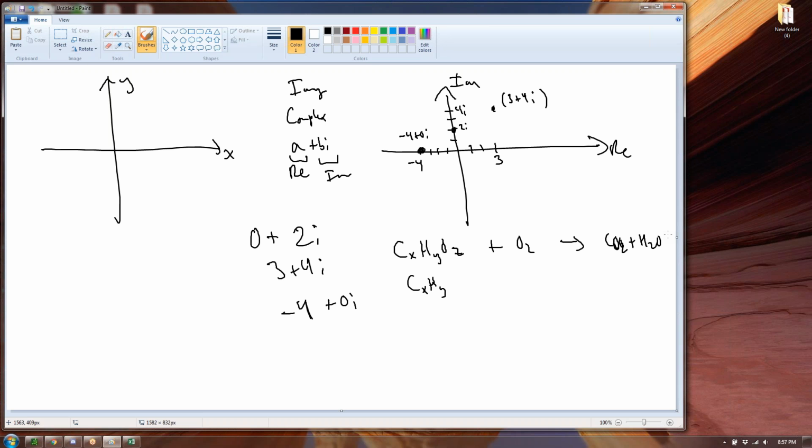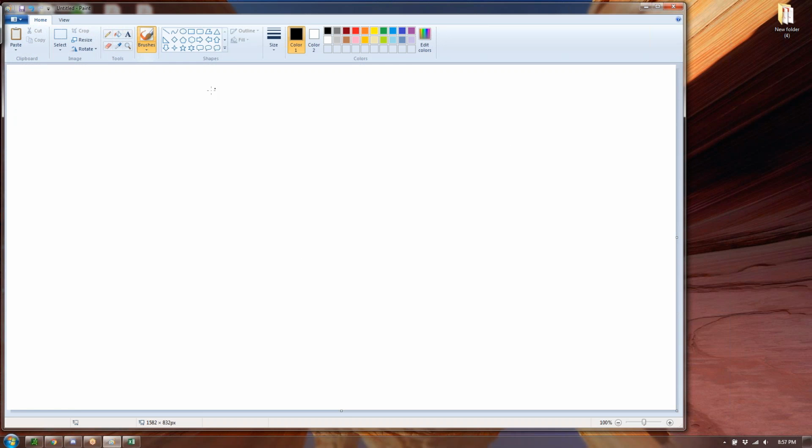Why don't we go over redox reactions? So for redox, again, there's a half reaction that takes place. Let's just say you have Al3+ and zinc, and then that goes to Zn2+ and aluminum.